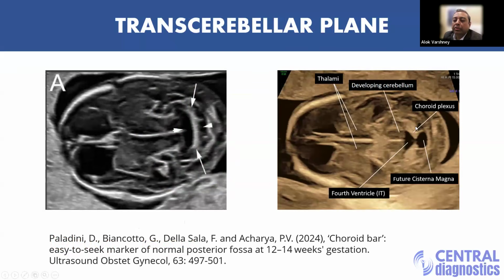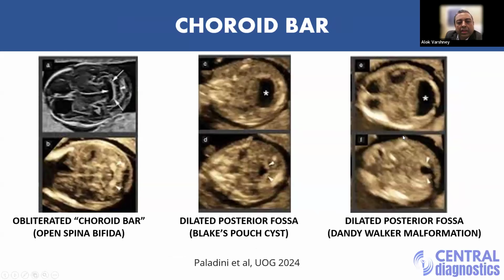Here are the choroid plexuses, the horizontal limbs of the choroid plexuses. Anterior to it is the fourth ventricle, which is also known as the intracranial translucency. And posteriorly, again, there's a space which is the future cisterna magna. And somewhere anteriorly here is the developing cerebellum, which is not very well developed at the time of the NT scan.